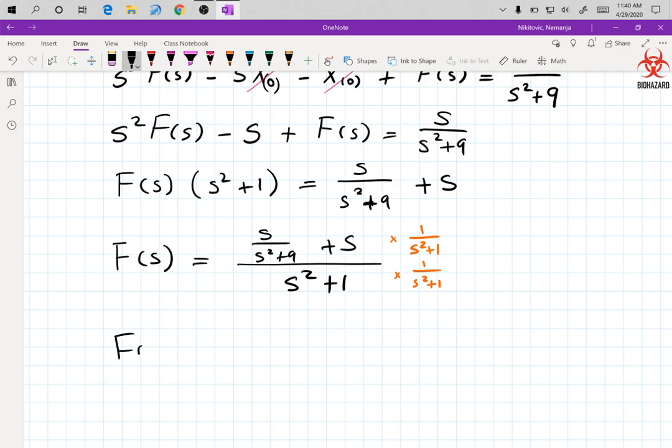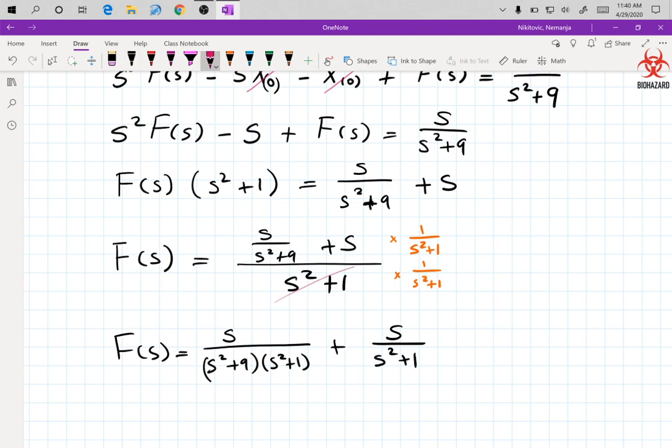So now you have your f of s is equal to s over s squared plus 9 times s squared plus 1, plus s over s squared plus 1. That's when you multiply the top, and on the bottom they just cancel, which is why we multiplied like this to deal.